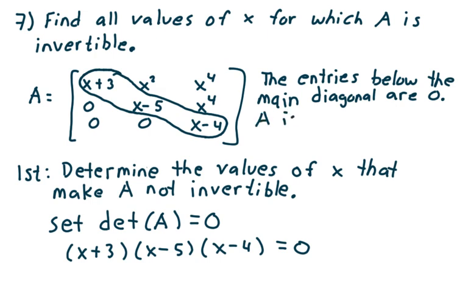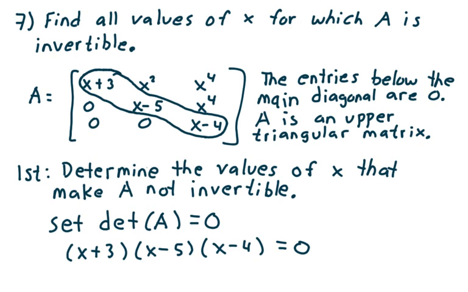That says A is what's called an upper triangular matrix.